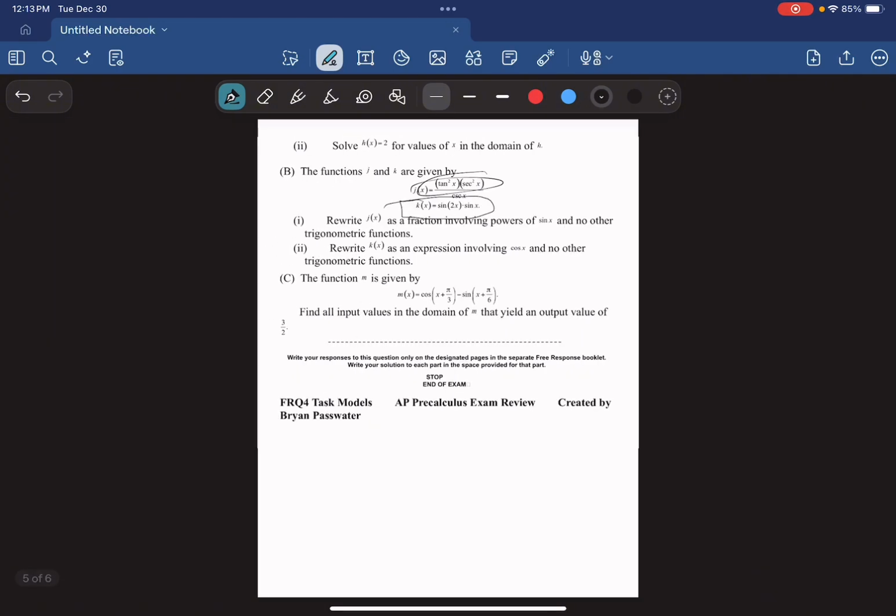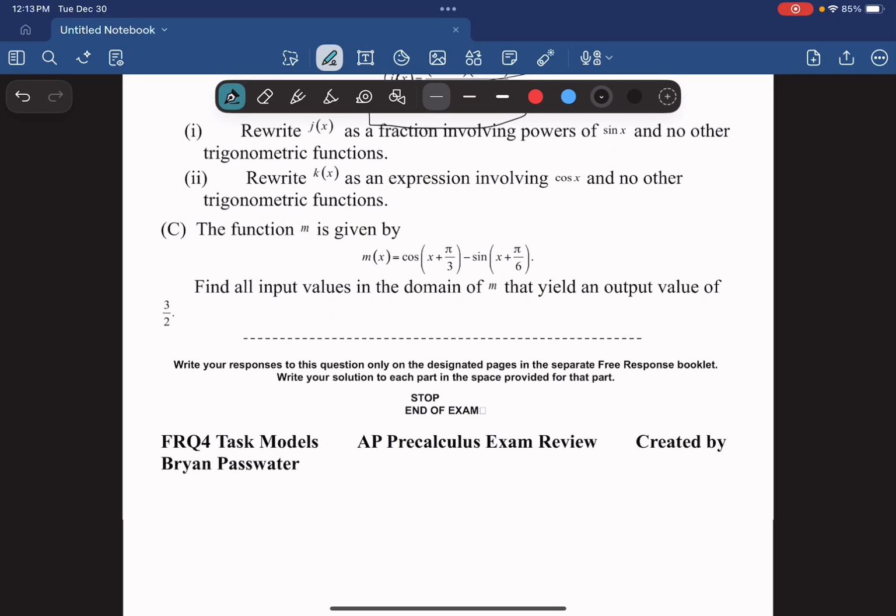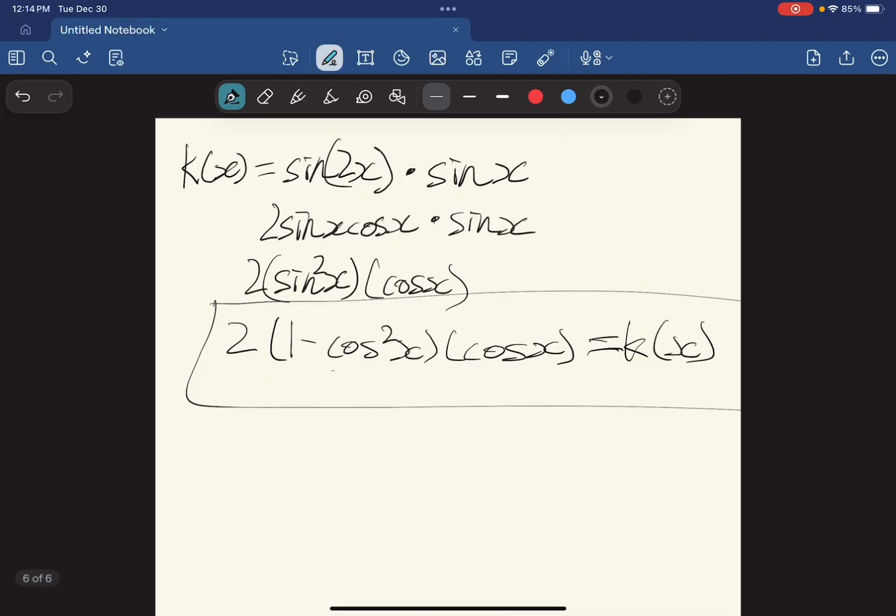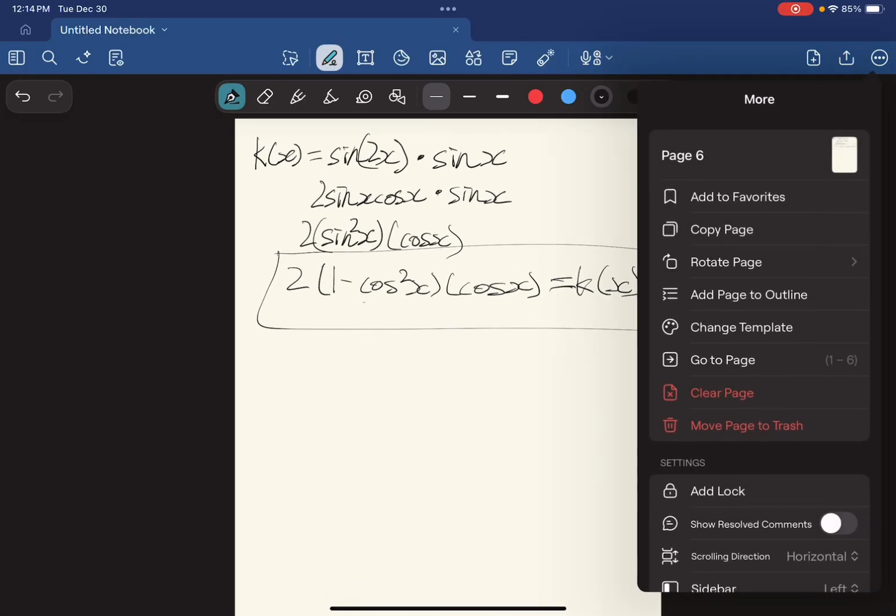And for the next one, we have C. For C, we just want to solve for x when this equals 3 over 2. I don't like this question, because it takes a lot of work, but you're going to need to know it for the test.